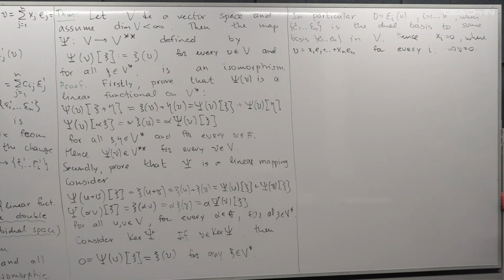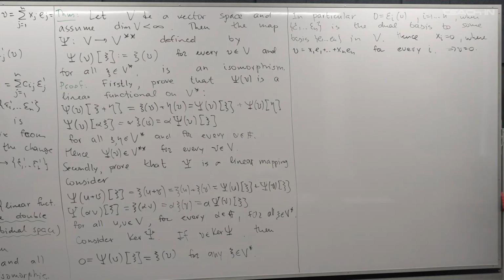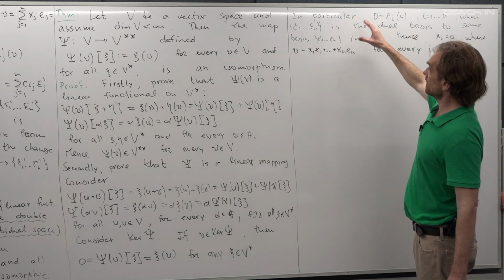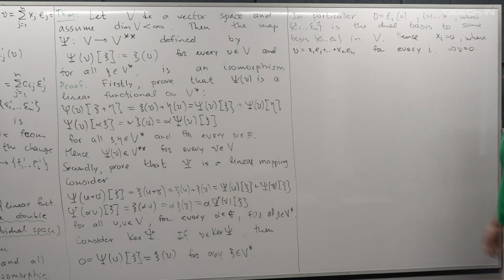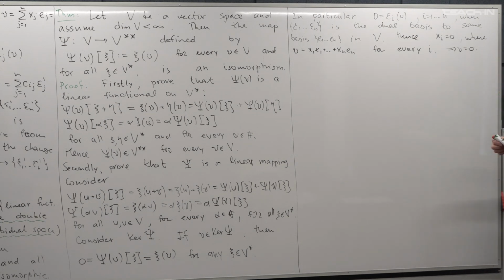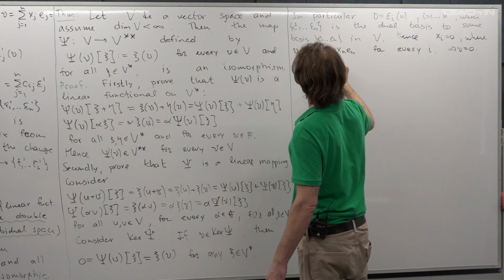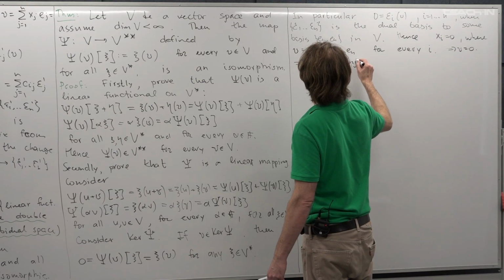So the kernel of this mapping is trivial. We just showed that when we apply elements of the dual basis to this vector from the kernel, we get that all its coordinates are zeros. So psi is injective.